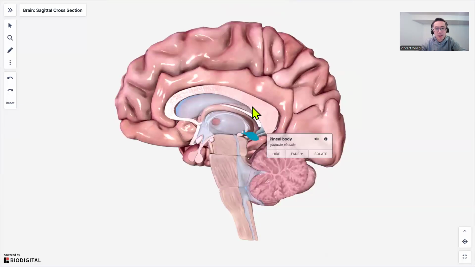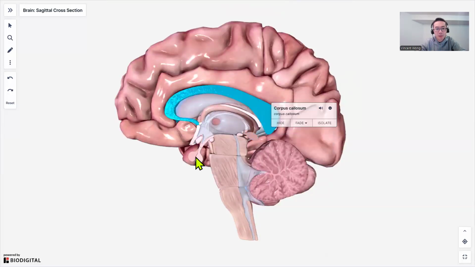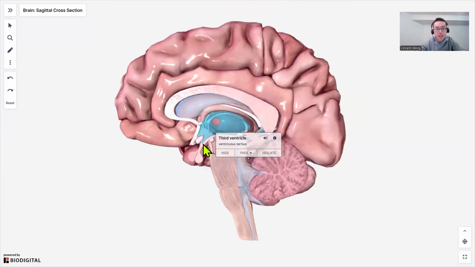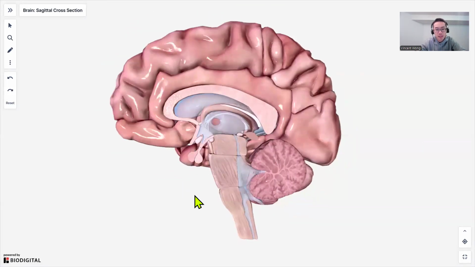And today we're just going to look at other additional structures in the brain, and I'll come back to this model whenever appropriate. But you should study with this model. It's very interactive.